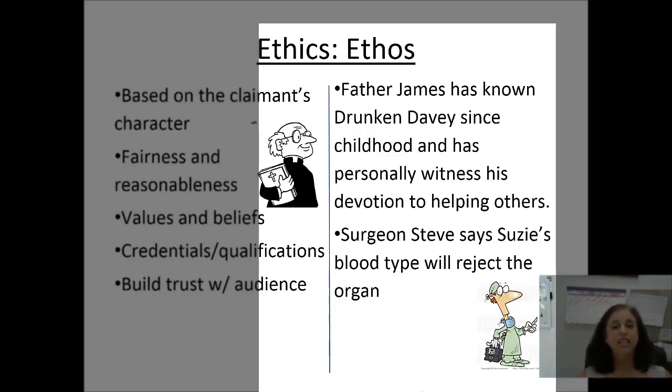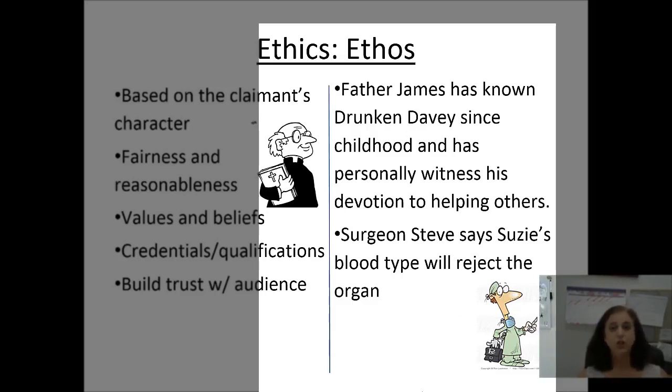This religious community leader has seen drunken Davy spend so much time helping the poor that's why he's getting drunk, because he's relieving tension. And our second expert would be Surgeon Steve. Surgeon Steve explored Susie's medical records and determined that her blood type would reject the new liver.